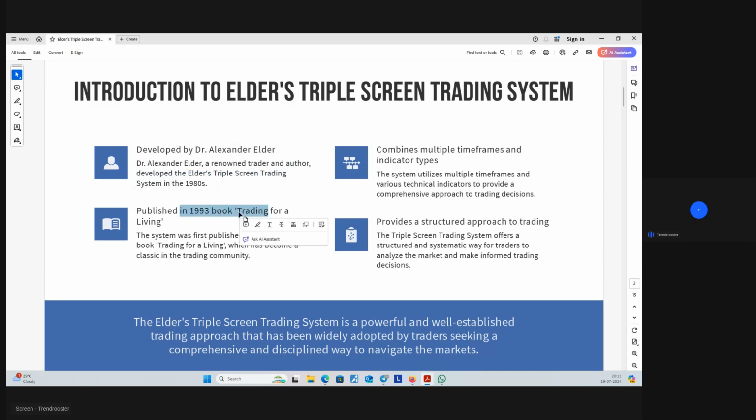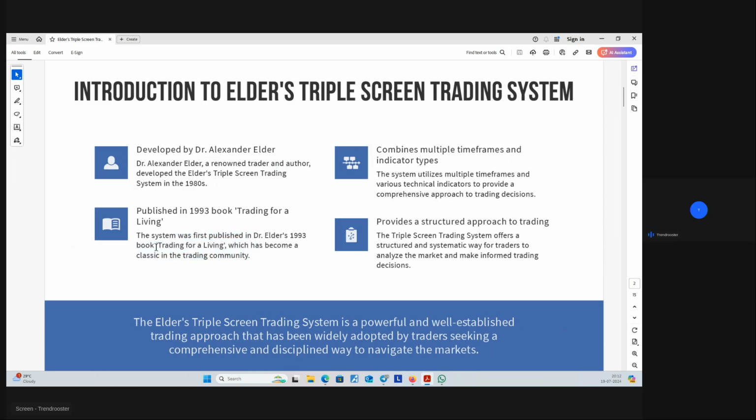He published a book in 1993, but I read it somewhere around 2010. Back then I was not so good at technical indicators. I was looking at how things work. I was not a pioneer in perfecting the technical indicators; I was just following. Let me complete this. The system was published by Dr.